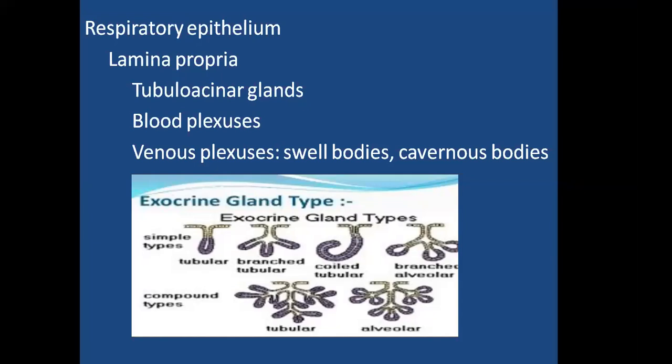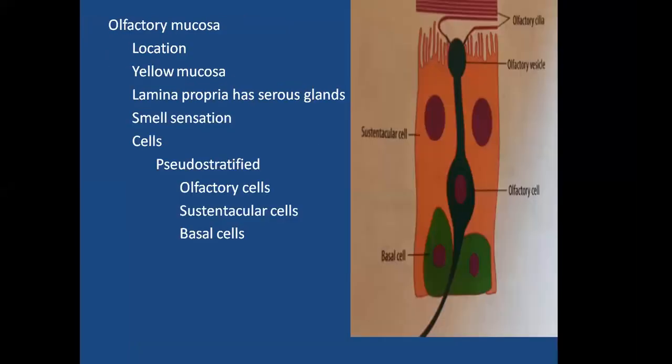They consist of blood vessels all over the nasal cavity, and they compose the venous plexuses, more importantly over the concha and especially the inferior concha. These plexuses are called swell bodies and cavernous bodies. The function of these swell bodies or cavernous bodies is that they prevent the mucosa from dryness or desiccation.